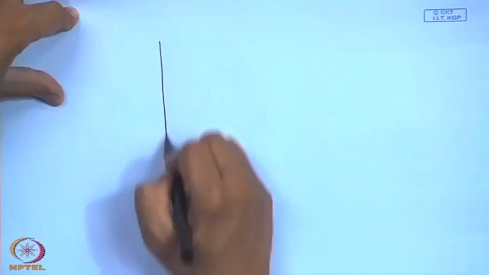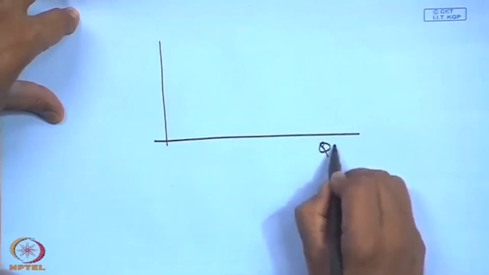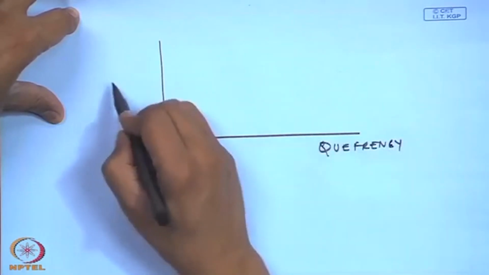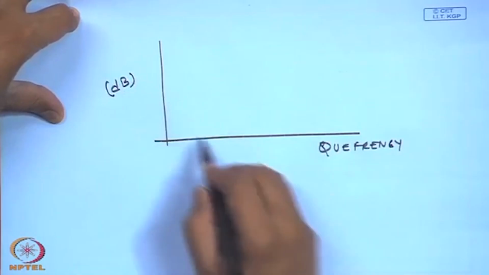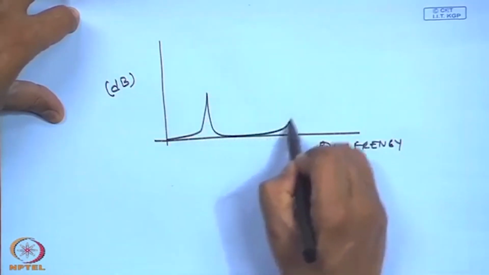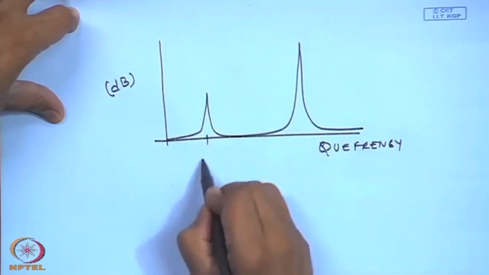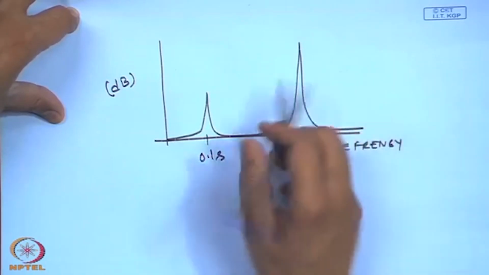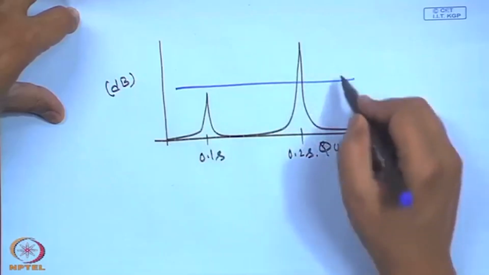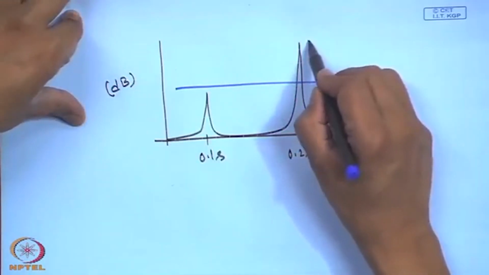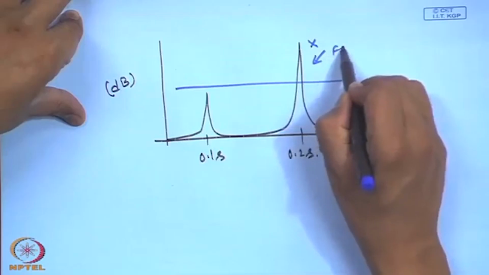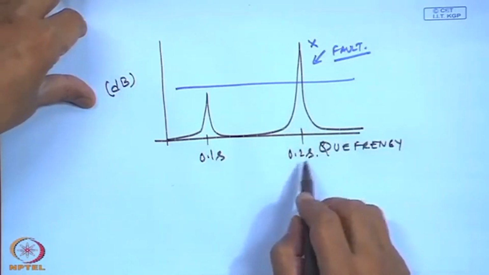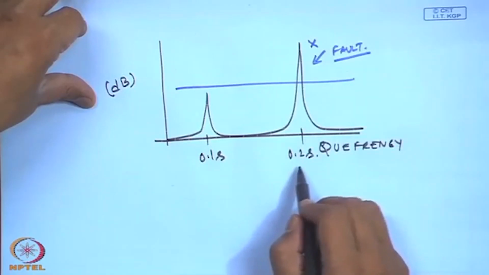So, in the Q frequency, and some dB amplitude, because this is in a log scale, if I see a Q frequency at 0.1 seconds or 0.2 seconds, and with time if I monitor the Q frequencies, I will know that there is a fault in the device which is running with a time period of 0.2 seconds, the fault in a component which is running at 0.2 seconds.